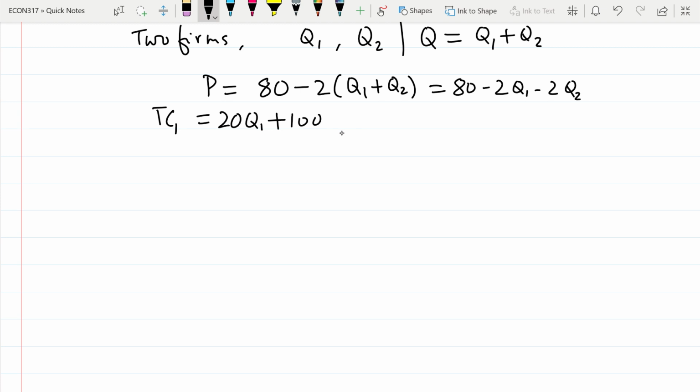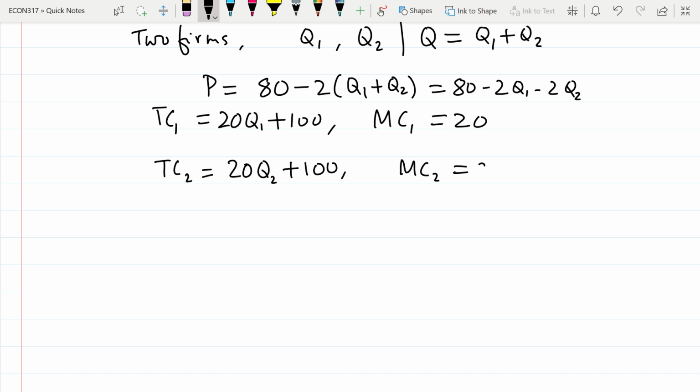So $100 is the fixed cost, variable cost is 20 times Q1, which means the marginal cost for firm 1 is 20, and I am assuming both these firms to be identical. So the total cost for firm 2 is 20 times Q2. The quantity sold by firm 2 is Q2. No change in the fixed cost, which means the marginal cost for firm 2 is 20.